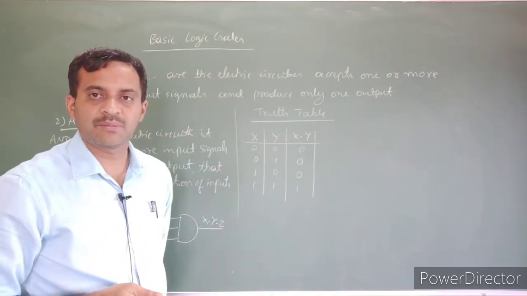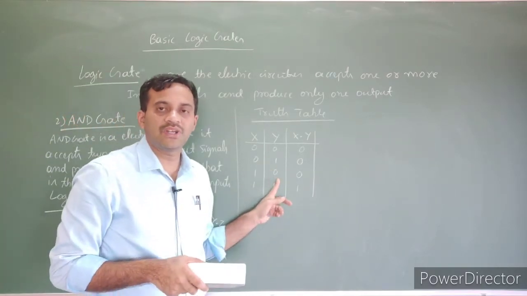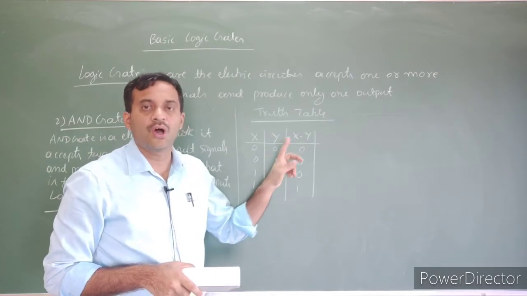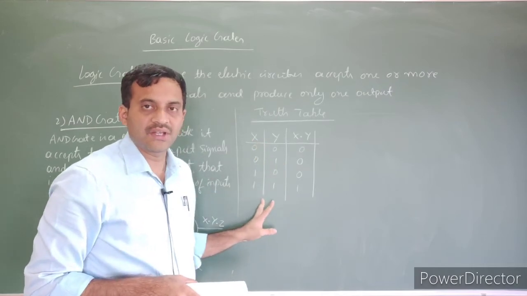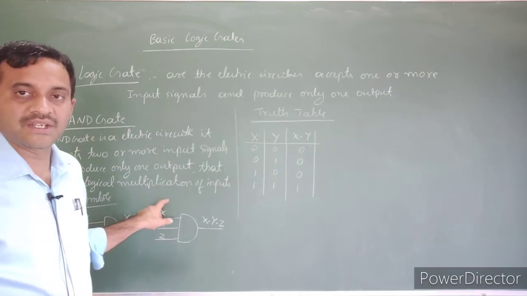What is the meaning of logical multiplication? If any one of the inputs is 0, the output is 0. If all the inputs are 1, then the output is 1. That is the meaning of logical multiplication.